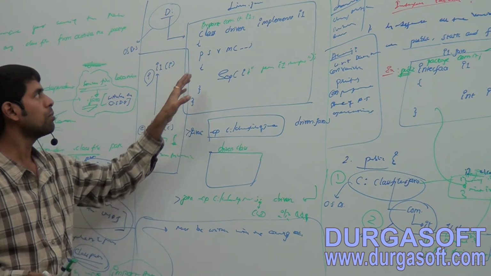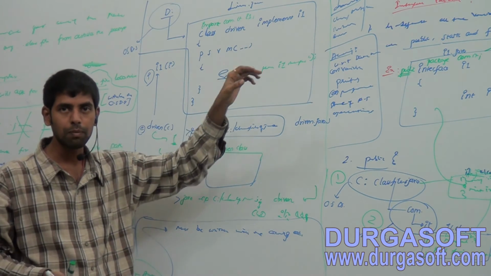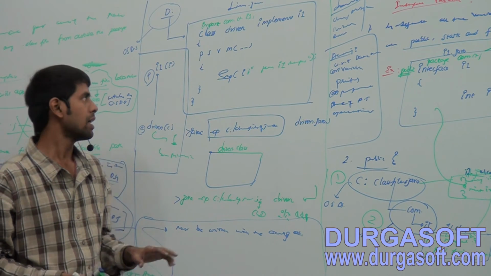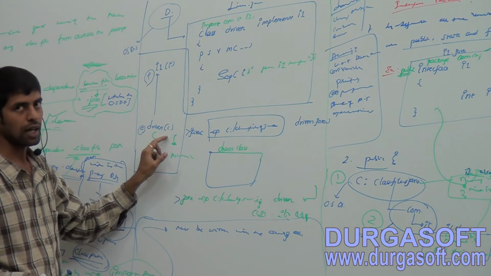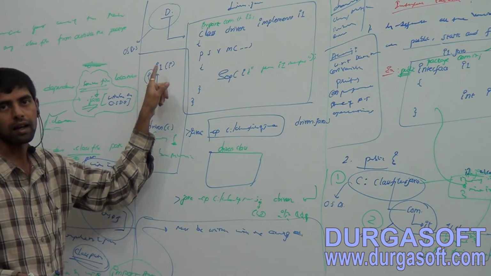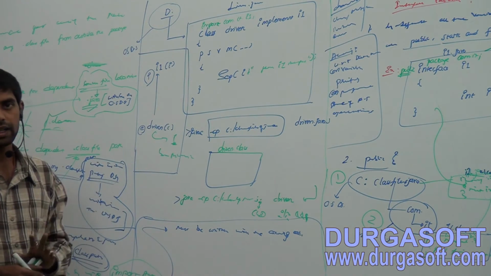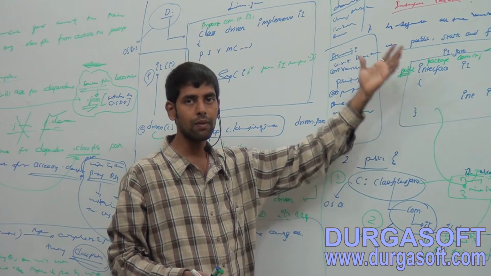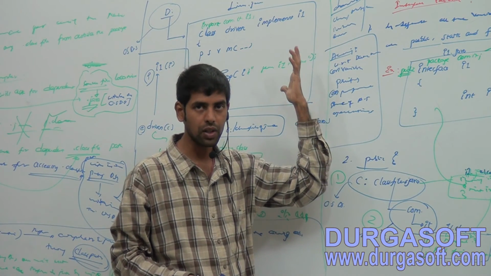So this will become the child, and that will become the parent. Through inheritance, whatever the parent has is by default available to the child.